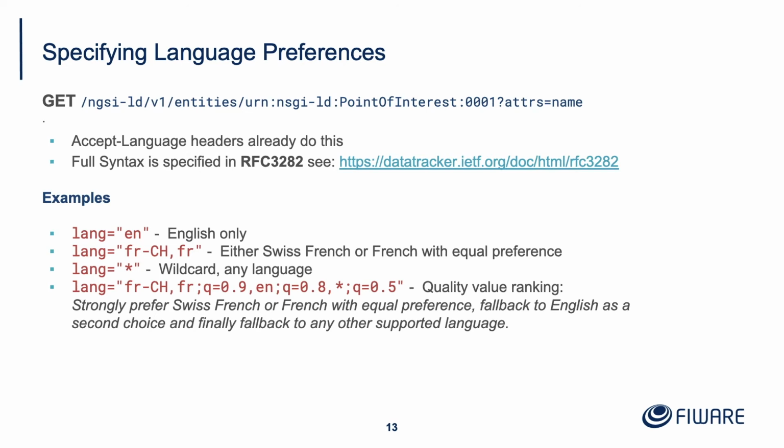And I believe this is the way that context brokers will go. The specification will state follow RFC 3282, but if you prefer Armenian and we haven't got Armenian, then I would expect that a context broker will return something in whatever language it's actually got. So this is, again, following an existing standard for that language parameter.